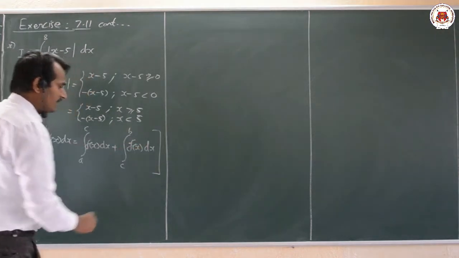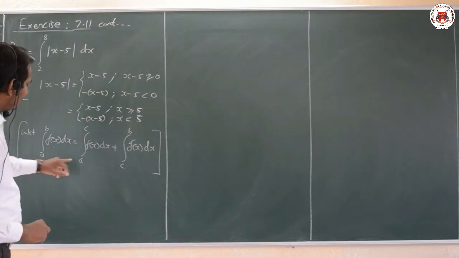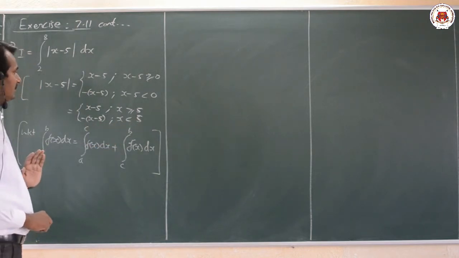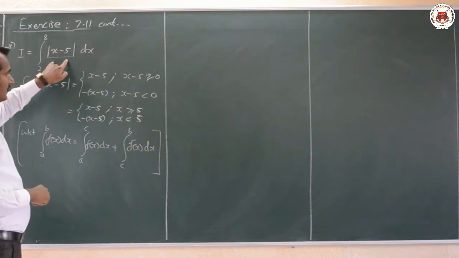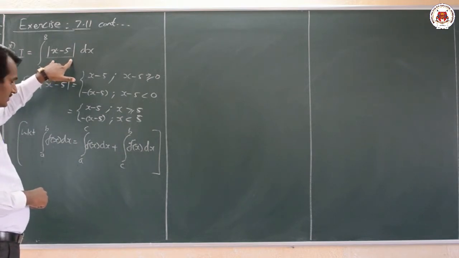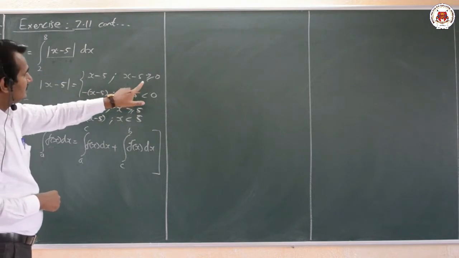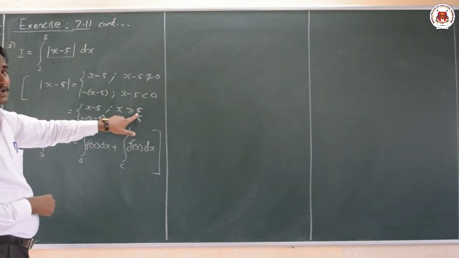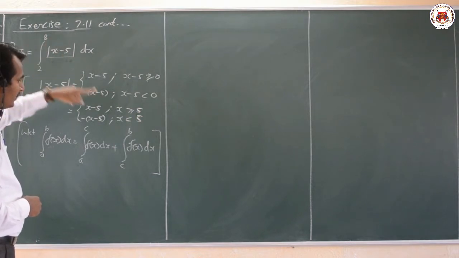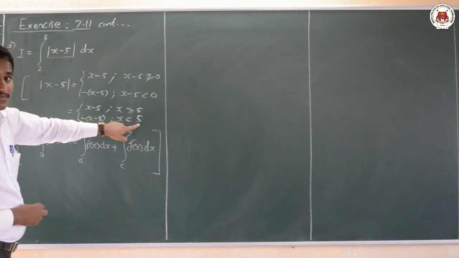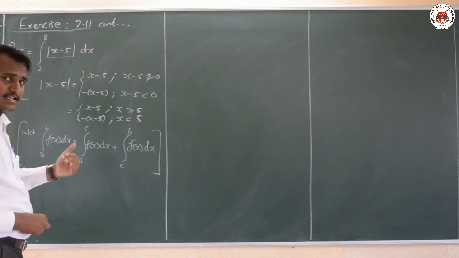Now what we get, that we shall observe here. Depending on that, we have distributed the limits. This is our f of x, students. This function f of x we are distributing: x greater than or equal to 5 means from 5 to the last value, which is 8. x less than 5 means from 2 to 5, where the least value is 2.